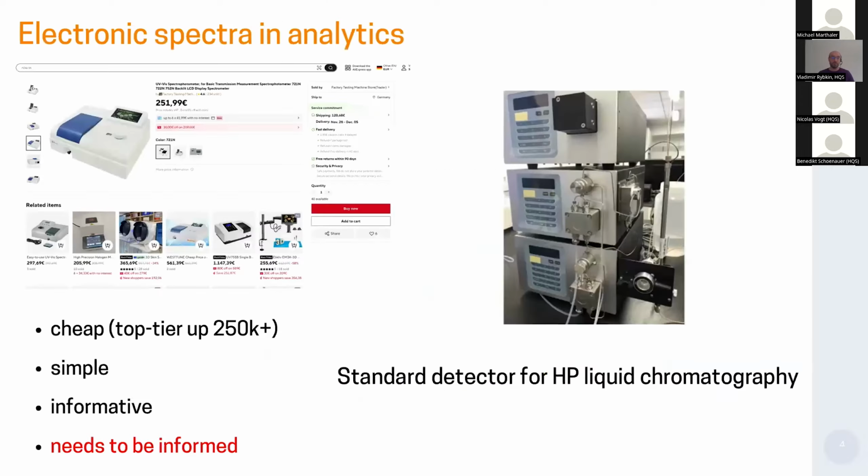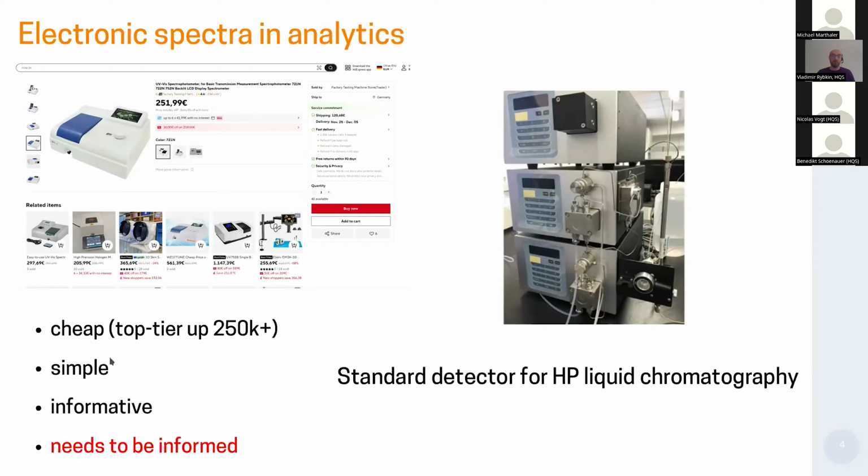So far, so good. Is it of any use other than fundamental? Yes, it is. Ultraviolet and visible, or actually electronic, spectra in analytics are ubiquitous due to their high accessibility. The devices are really cheap, so a low-tier device can be bought on AliExpress for a few hundred euros, and it will be useful, actually.